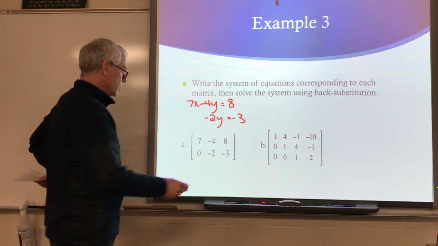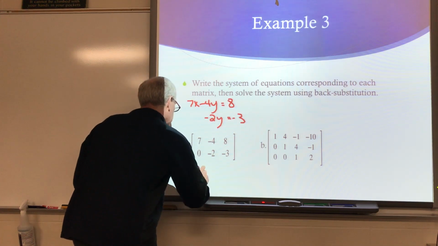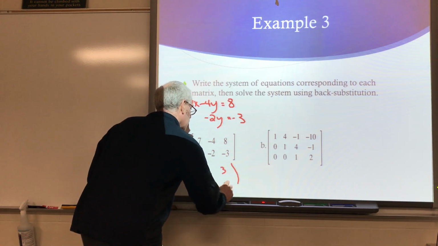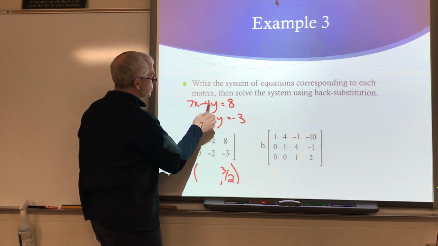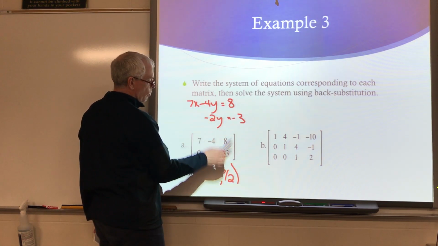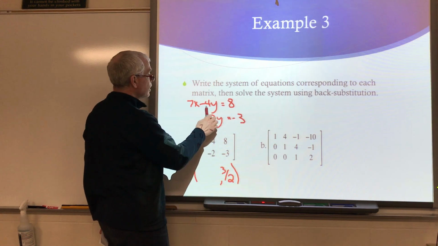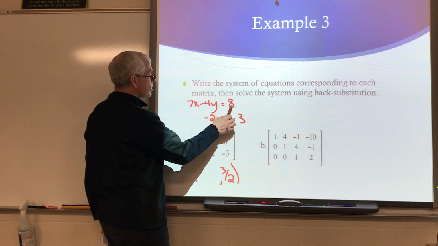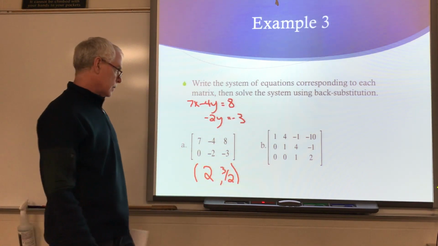Okay, so back substitution, I can solve this one, divide both sides by negative 2, and I get 3/2 for my y coordinate. Then I need to put that 3/2 back into this equation. So negative 4 times 3/2 is negative 12 over 2, or negative 6. So I add 6 and I get 14 divided by 7. I get a 2 for that one, okay?